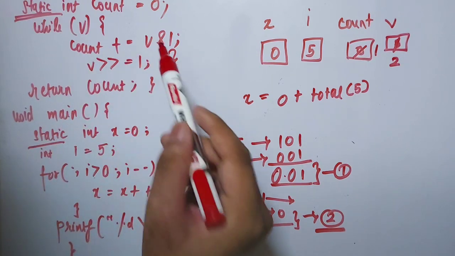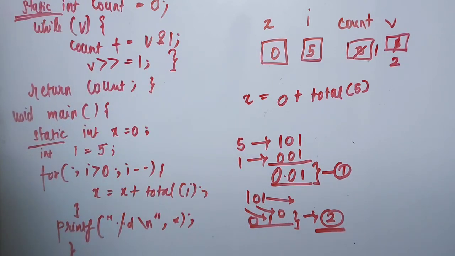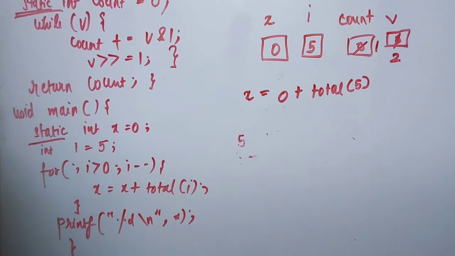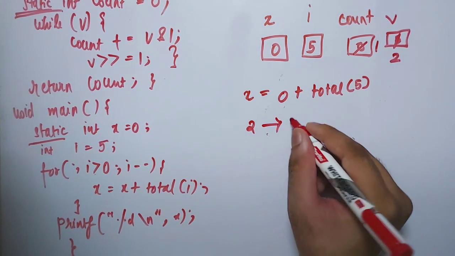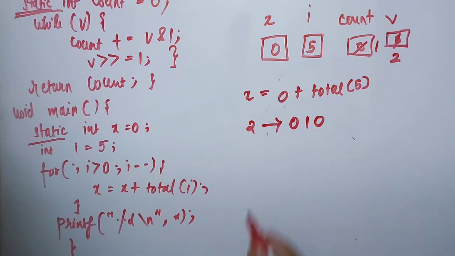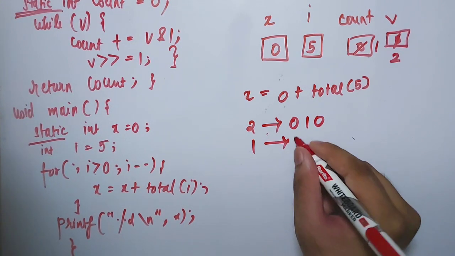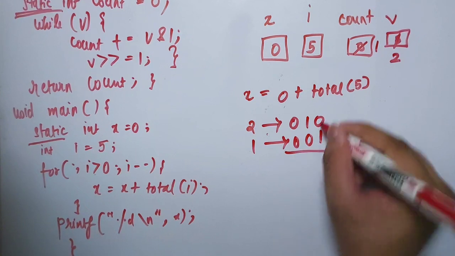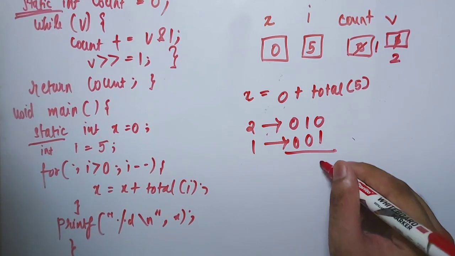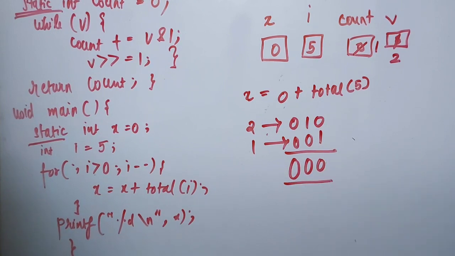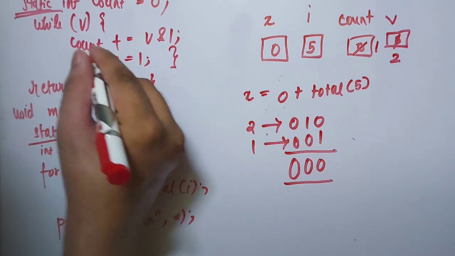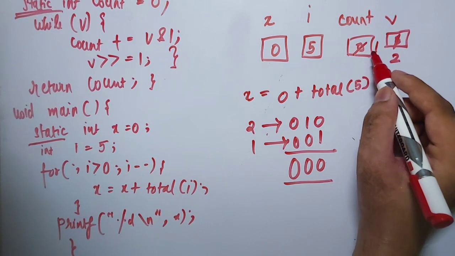So count plus equals 2 and 1. If we now AND 2 and 1, 2 in binary representation is 0 1 0 and 1 in binary representation is 0 0 1. If you AND them, 1 and 0 is 0, 0 and 0 is 0, 0 and 1 is 0. So it will evaluate to 0. So count gets incremented by 0, meaning count remains 1.